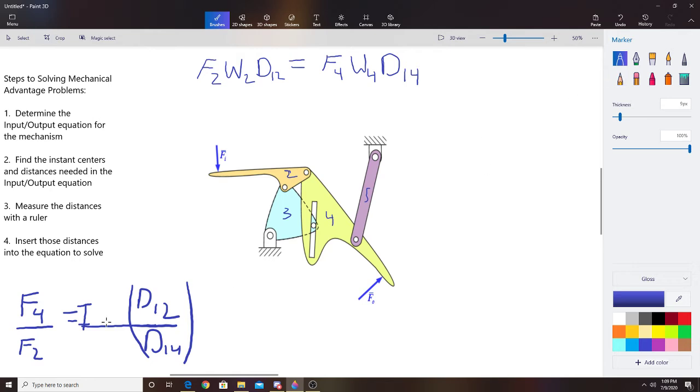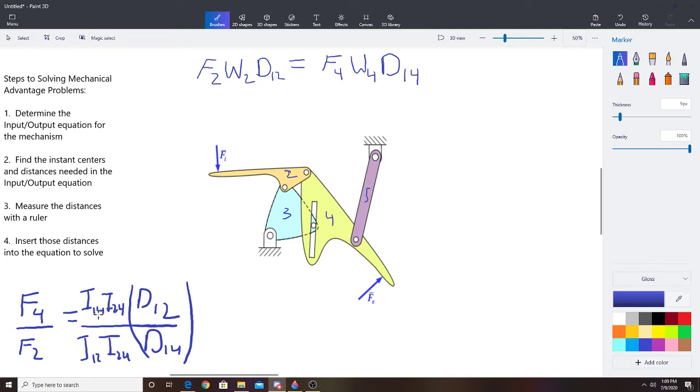I14, I24 over I12, I24. So I hope no one is lost of where that came from, but essentially that quantity W2 over W4 is just the kinematic coefficient, and since it's inverted, you have to flip it.